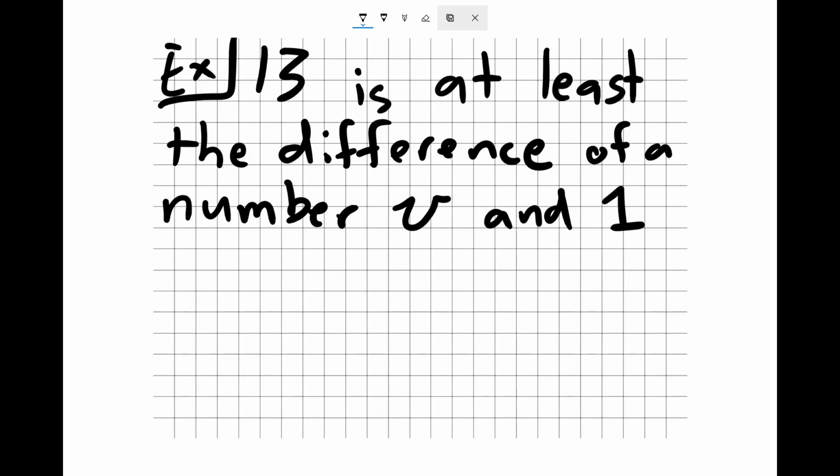If that V looks confusing to you, it is in cursive. I do apologize. Just bear with me here. 13 is at least the difference of a number V and 1.